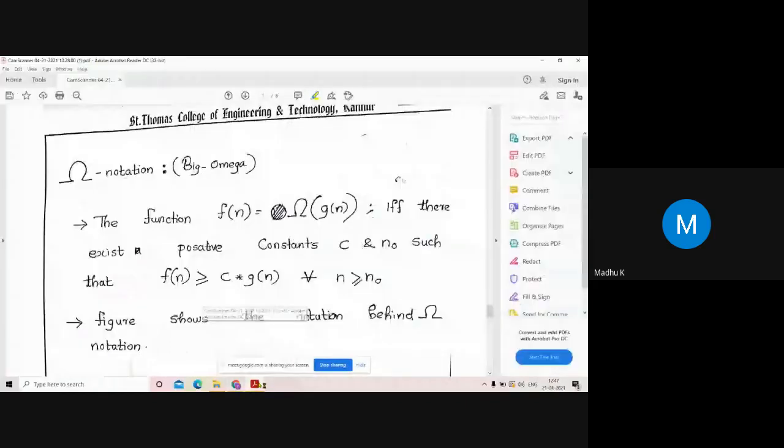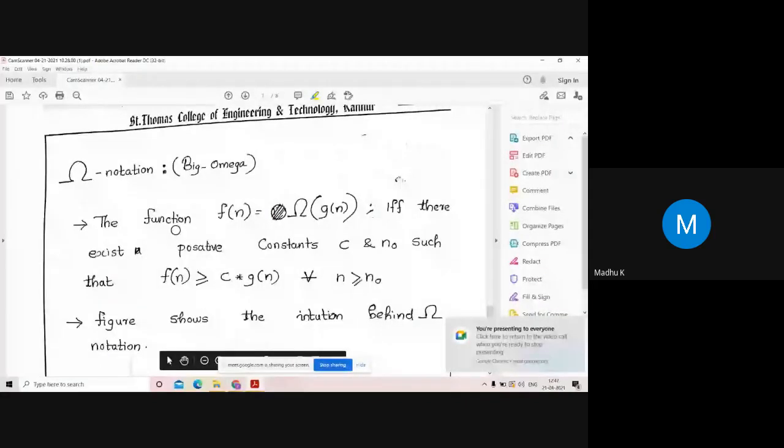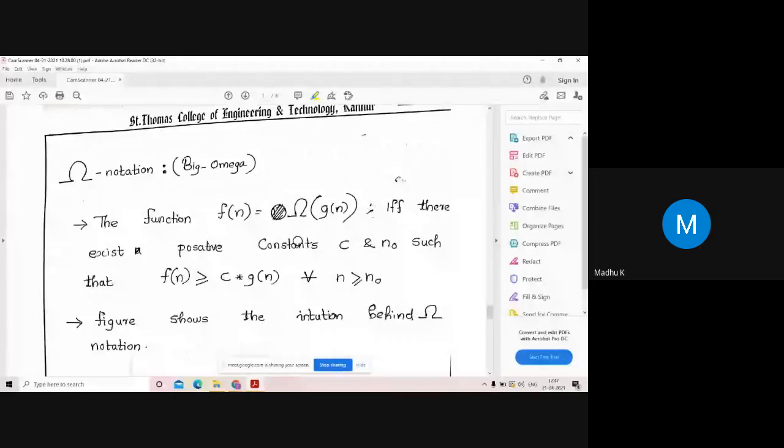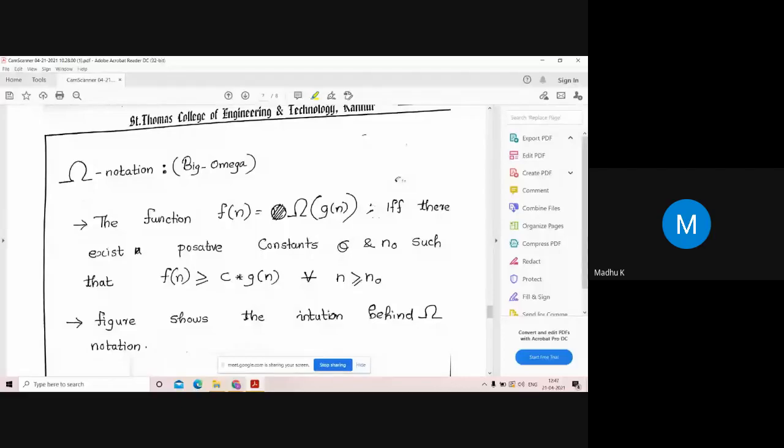The function f of n is equal to big omega of g of n if and only if there exist positive constants, similar to big O notation, C and n0 such that f of n is greater than or equal to c into g of n.